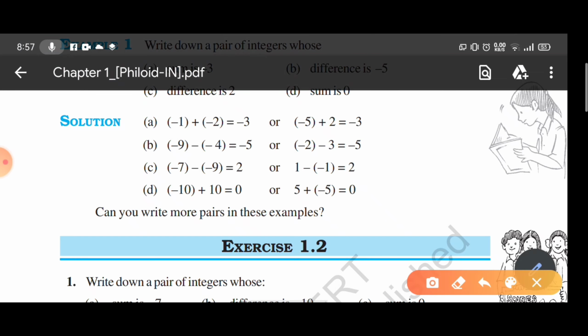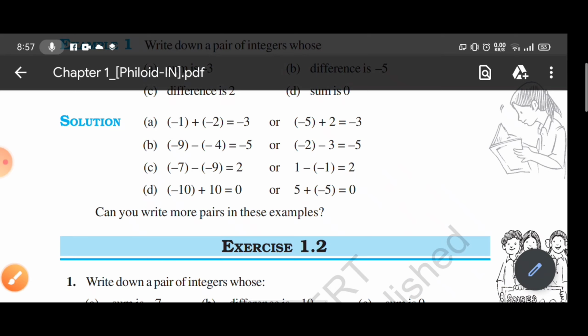Let us try to find another one. If I subtract 8 from 5, what value will I get? Plus and minus gives minus, it is a subtraction operation, and the sign will be of the greater value, so I'll get -3. So there can be many answers to a particular question, so don't stick only to the book solution, you can find your own answers as well.